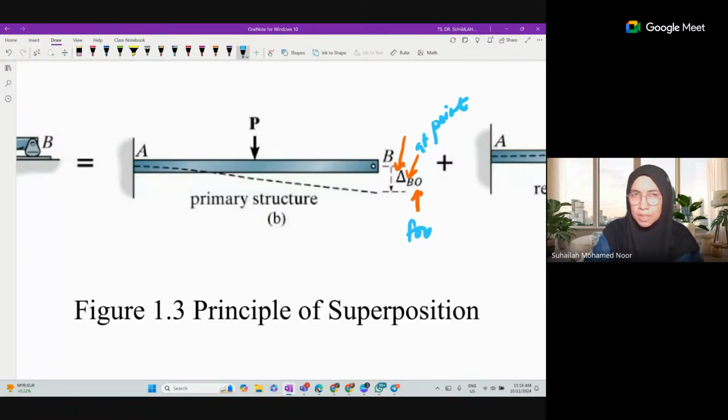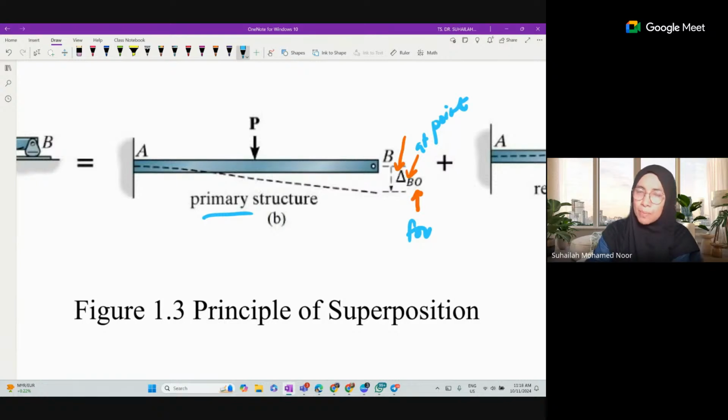Naught is always the symbol used for the primary structure: delta B naught, delta C naught, delta D naught, delta 1 naught, delta 2 naught. So delta B naught is the vertical displacement at point B for the primary structure.